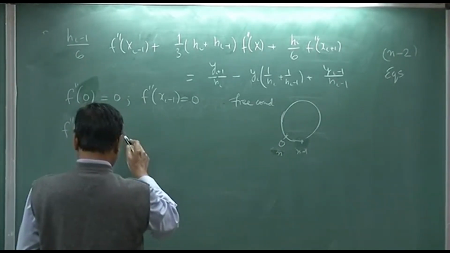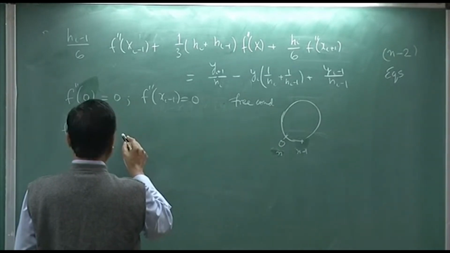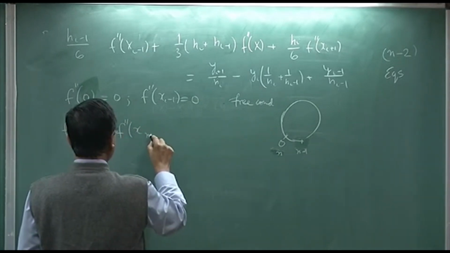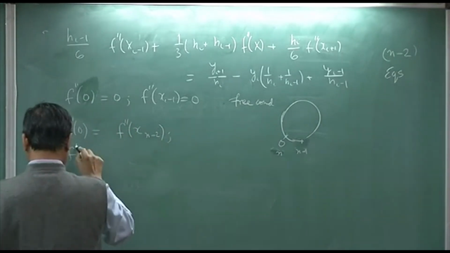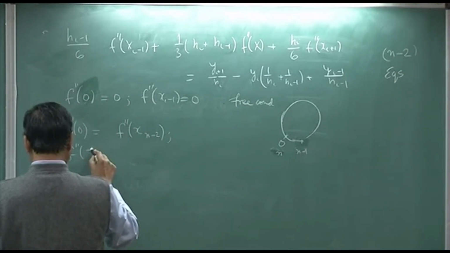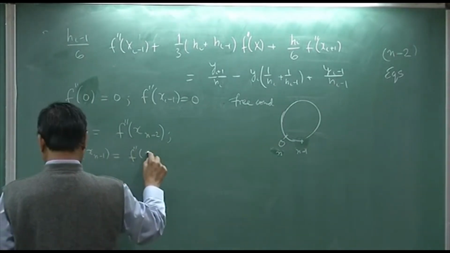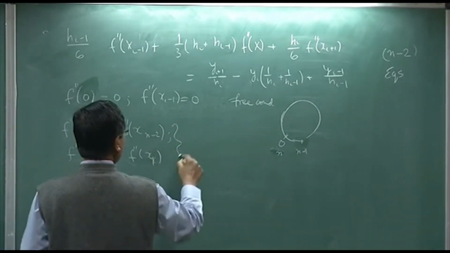But the double derivative demand for the periodic boundary condition is that f double prime at the first and last points is periodic.